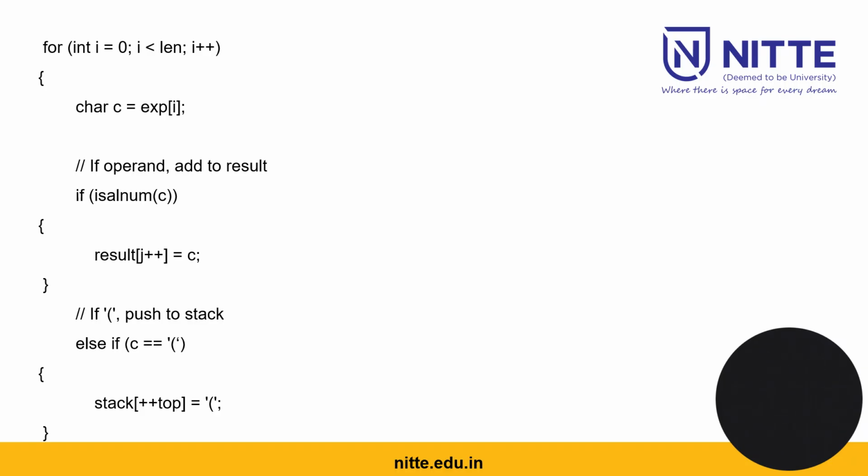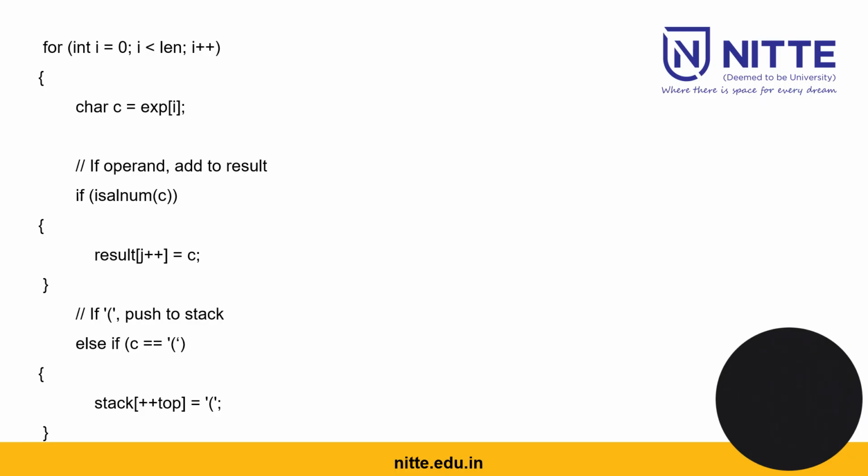That value I will assign to c. And if it is an operand, then I have to add it to the result, which we have already seen. That means the postfix expression will be stored in the result. So that is why we will put it into the result.